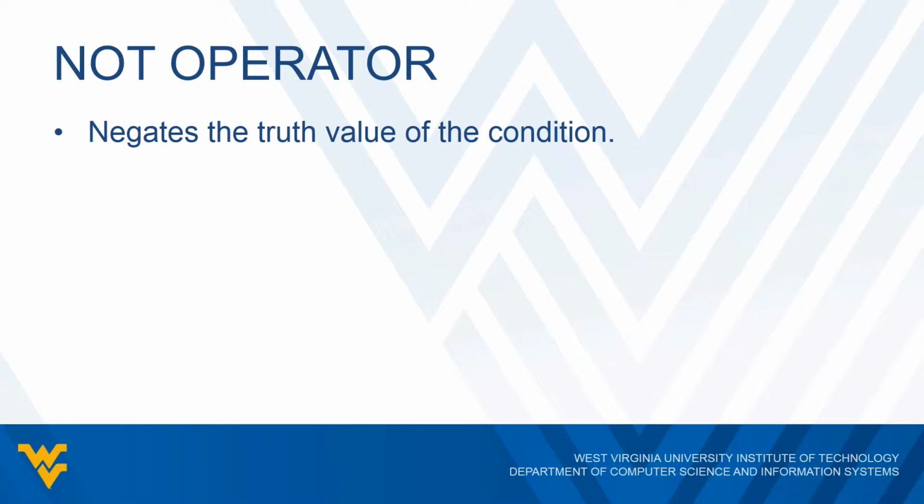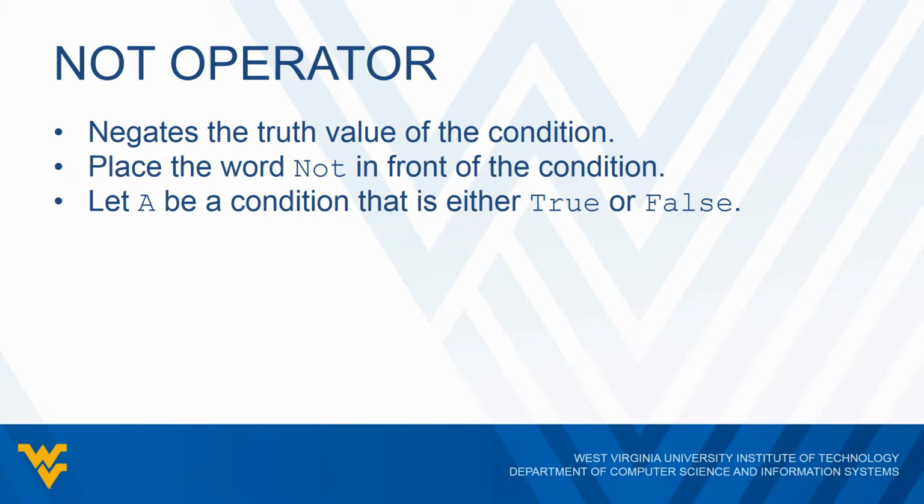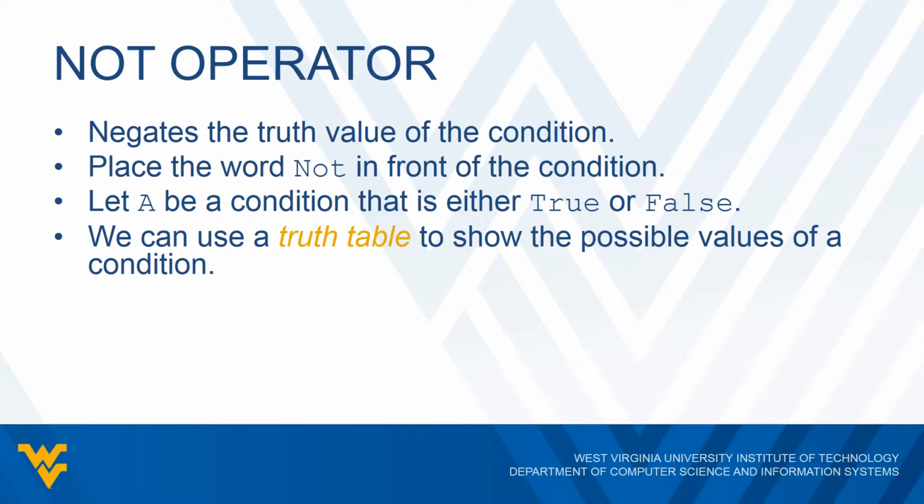The way we do this in Visual Basic is we're going to have the word not in front of our condition. So just to give an example, let's say A is a condition that is either true or false. The way we can represent the possible values of a condition using these operators is to use what's called a truth table. So it'll show us all the possible values for our condition. So let's look at the truth table for the not operator.